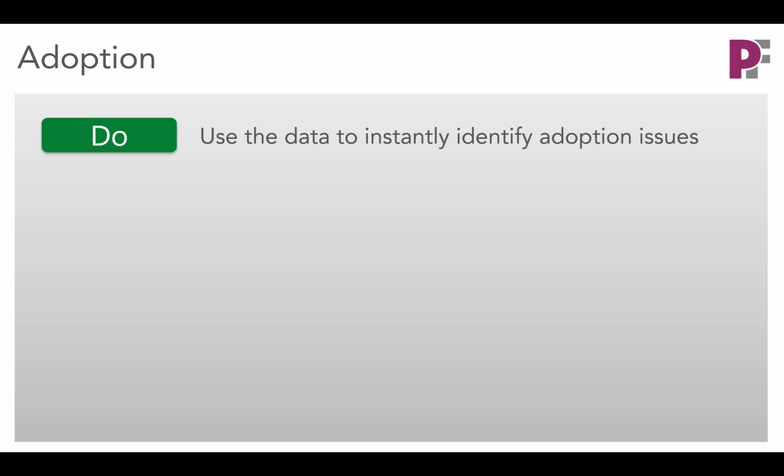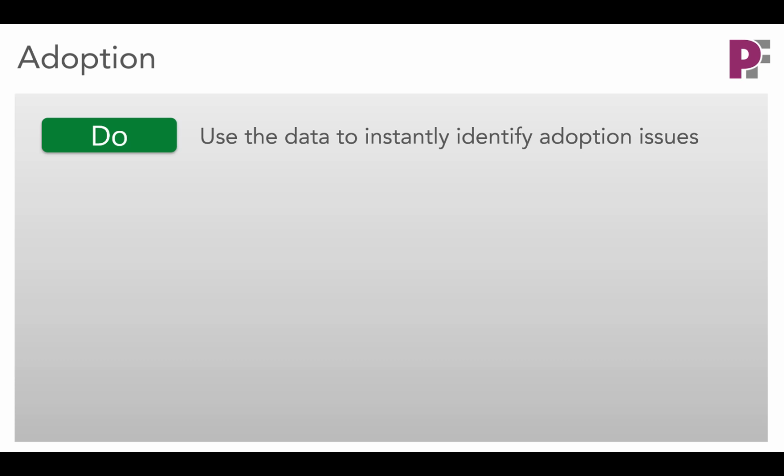So still on the topic of adoption, the good news is that our new PPM tool is most likely going to be helpful in instantly identifying where we have adoption issues. Because now that we have an enterprise database, records are timestamped, we can see where data hasn't been updated for a while, where things are overdue and so on.